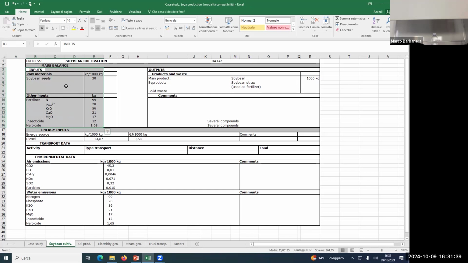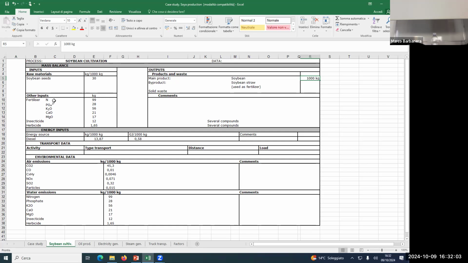For input data, in this case, we considered, for example, 30 kilograms of soybean seeds. These input and output data are referred to 1,000 kilograms of soybean.